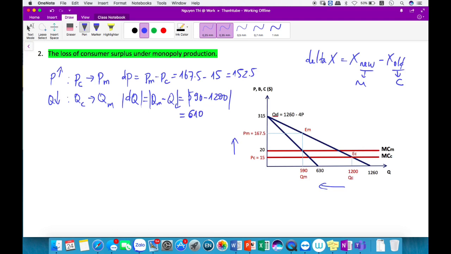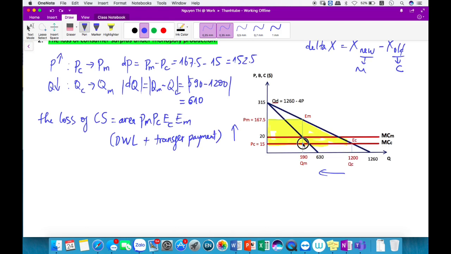Okay, so the loss of consumer surplus will be determined by this shaded area. You can look on the graph. It is equal to the area PM, PC, EC, EM. Actually it includes the deadweight loss and the transfer payment.